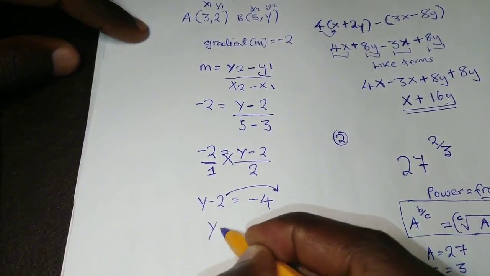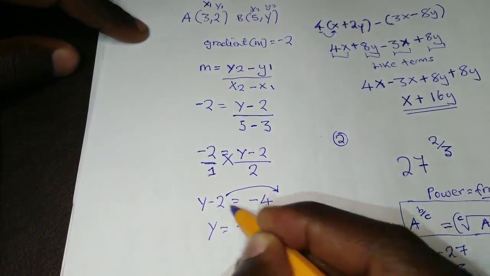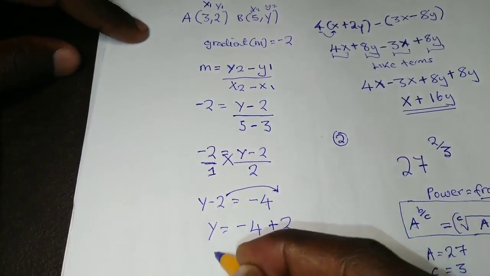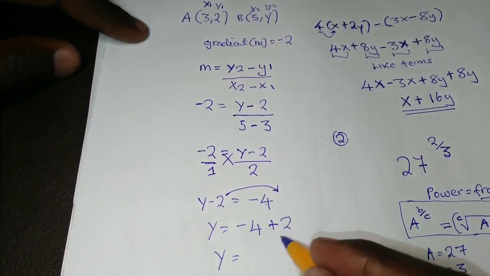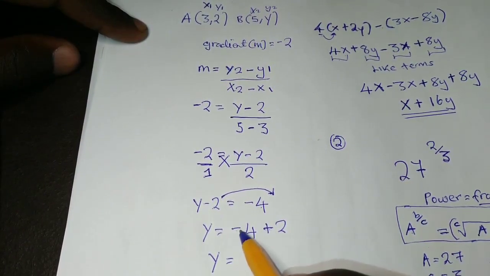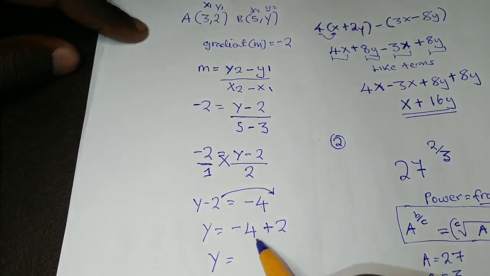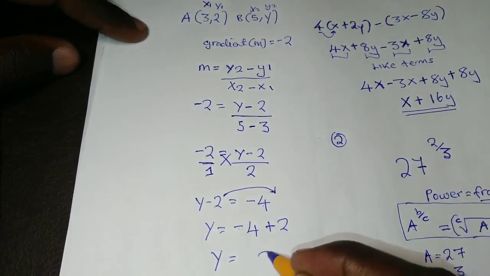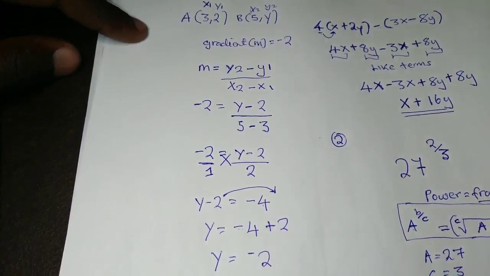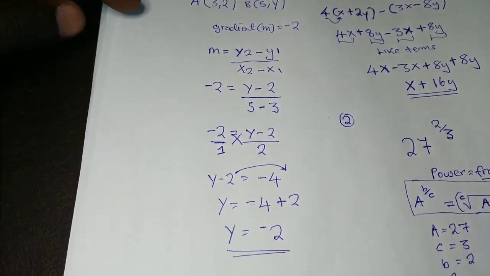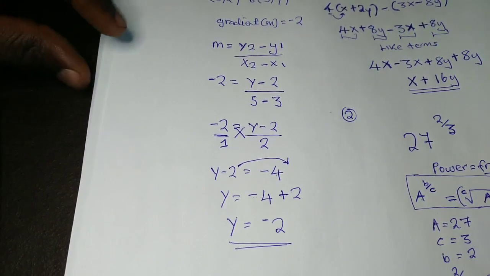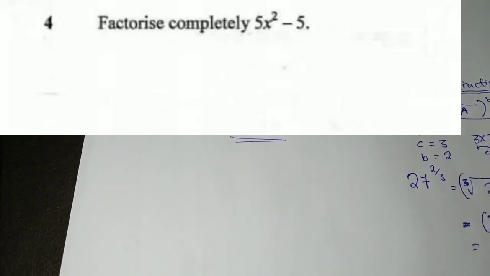So y is equal to negative 4, and now this 2 has crossed the equal sign, the sign will change to plus 2. So y is equal to -4 plus 2, different signs. What do you do with different signs? Subtract the numbers. 4 minus 2 is 2, and you get the sign of the bigger number, so the answer is -2 for this question.